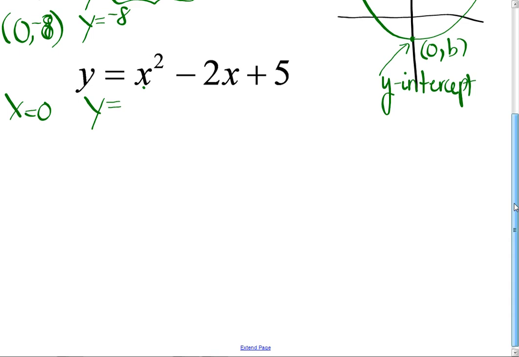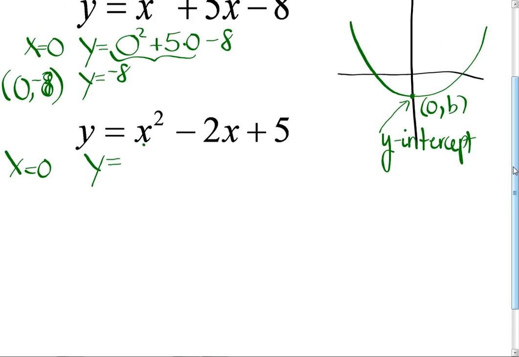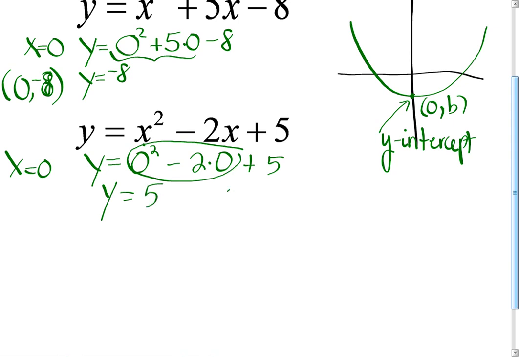X is 0, so that's 0 squared minus 2 times 0. What's any number times 0? 0. You just did the zero product property, right? Plus 5. So what's y equal to? What happens to all of this stuff? It's gone. It's 0, comma.